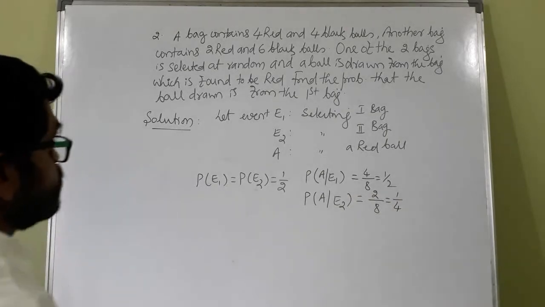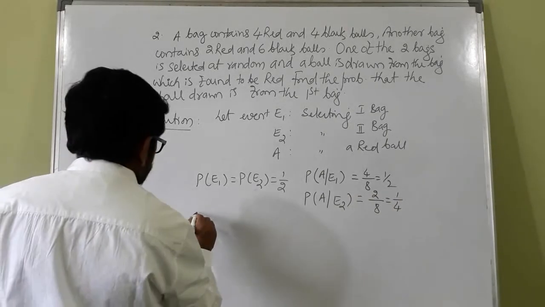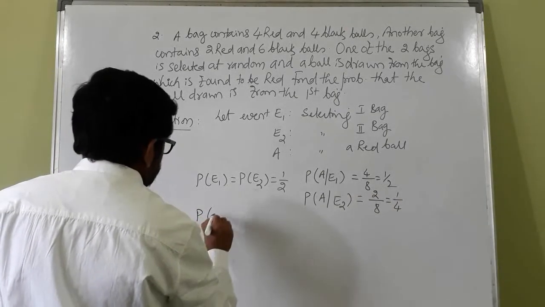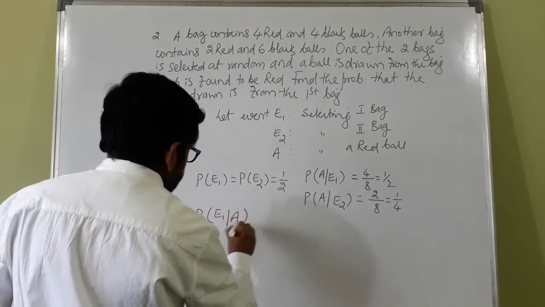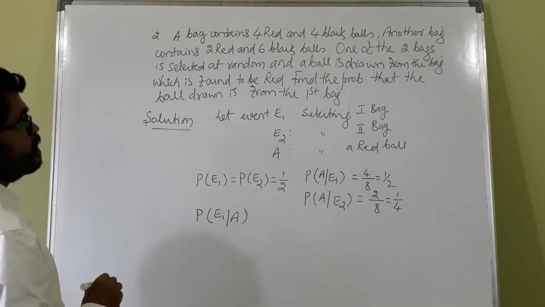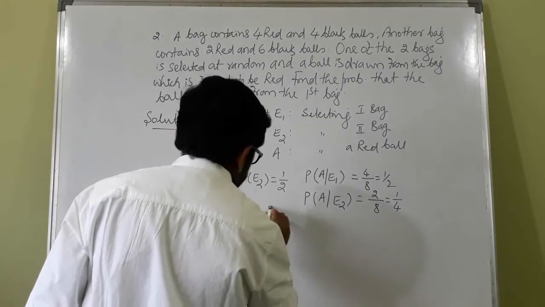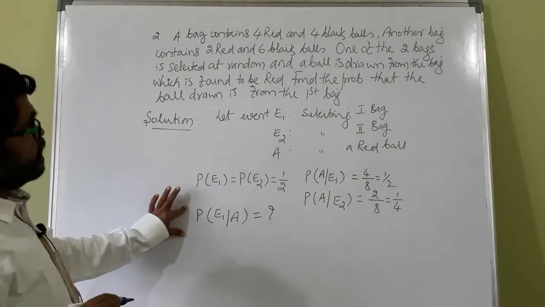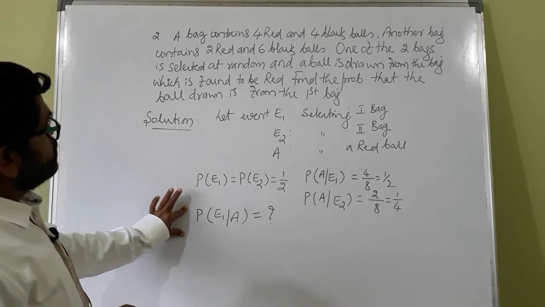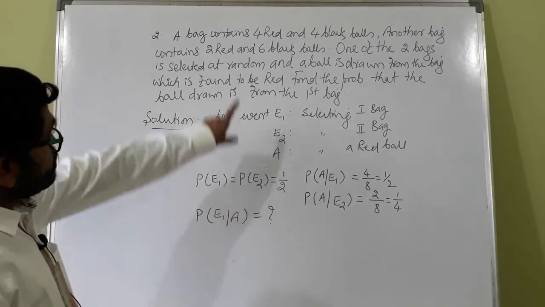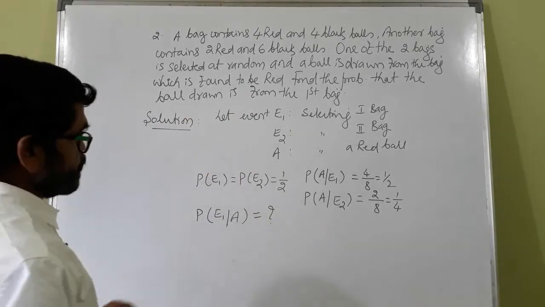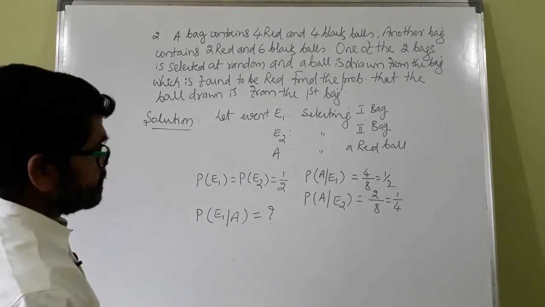Okay. Now what is asked? Probability of the first bag given that the ball drawn is red. This is what is asked. Probability of the first bag given that the drawn ball is red. That means that is Bayes theorem.